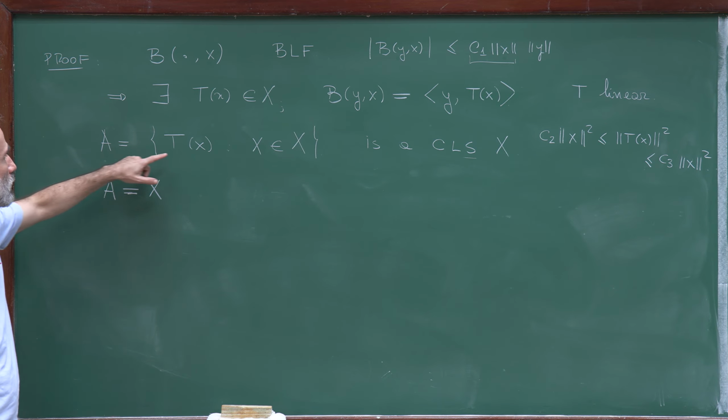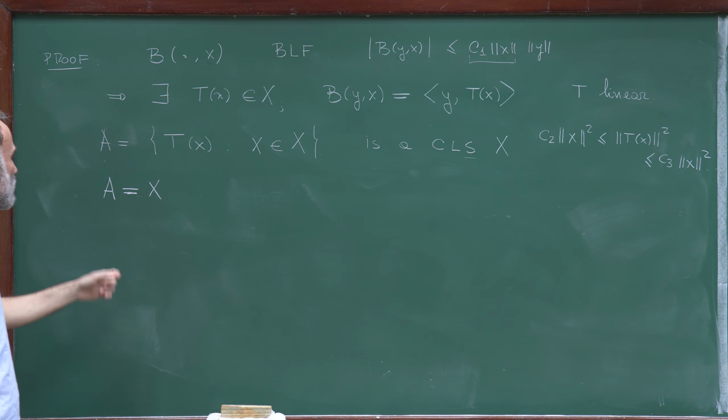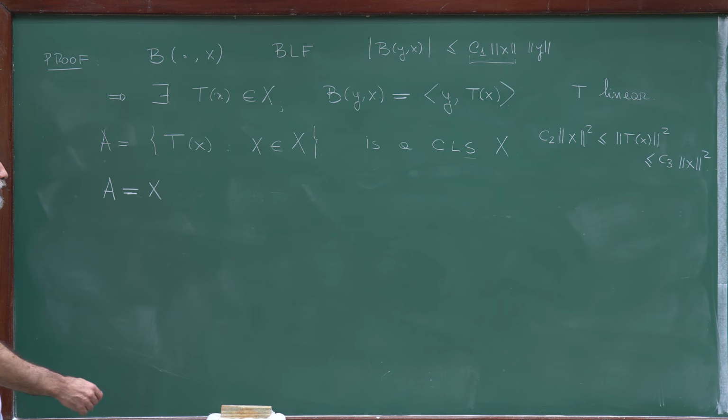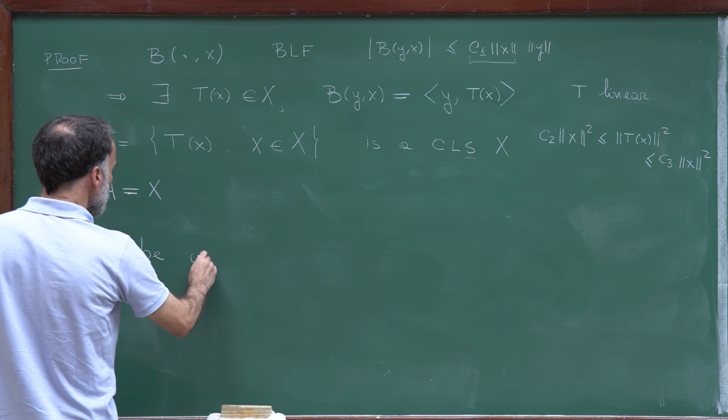So A is the image of T, which is defined over there. We proved that actually this image is equal to X. Now we can complete the proof. Let L be a bounded linear functional.